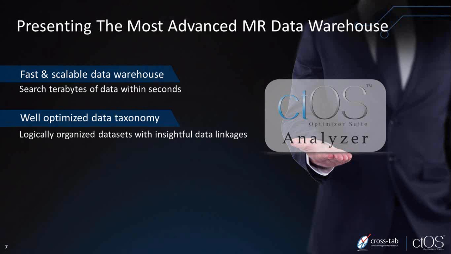So search becomes very fast, and it is due to the efficient data structure that holds all this data. Although it is called the data warehouse, we have built in a lot of components that enhance the core data warehousing functionality. For example, the data taxonomy definitions.